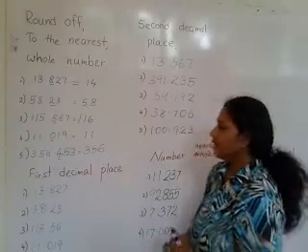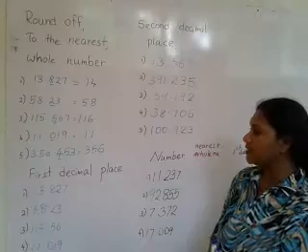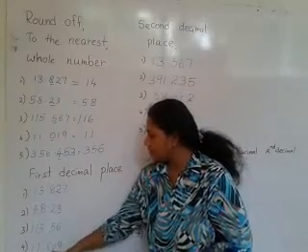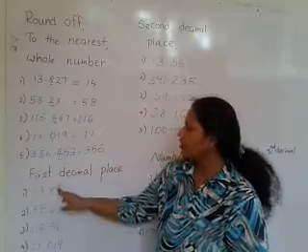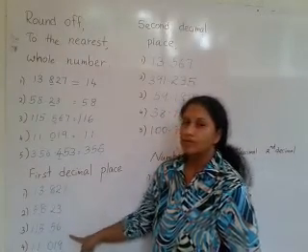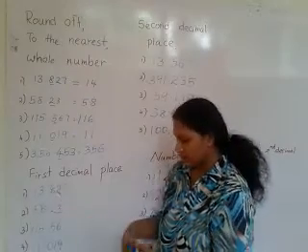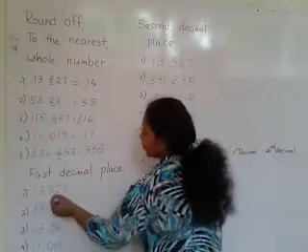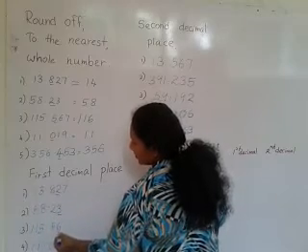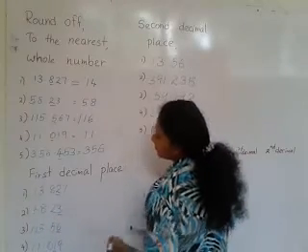And for the first decimal place, we have to consider the second decimal value. The second decimal values are 2, 3, 6, 1.